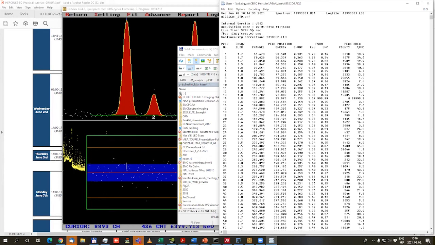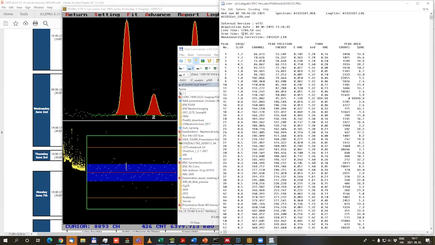So there is a difference between true time, which is the length of the experiment, and there is lifetime, where your counting system was able to count events.